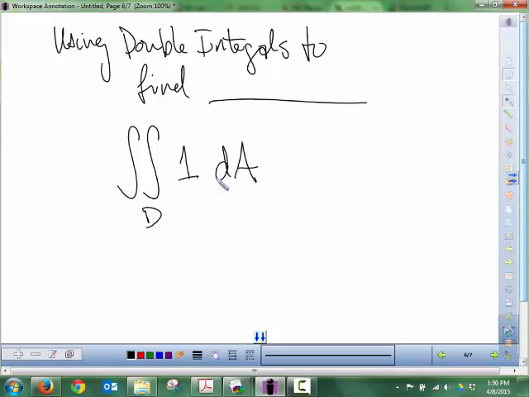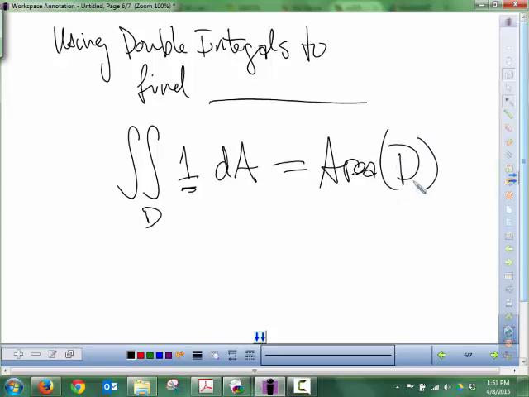So it's a volume, and then the integrand describes the height, and the D describes the base. So if your height is 1, what is this volume actually equal to? The area. So if you integrate a double integral where your integrand is just equal to 1, this is essentially the area of your domain D.